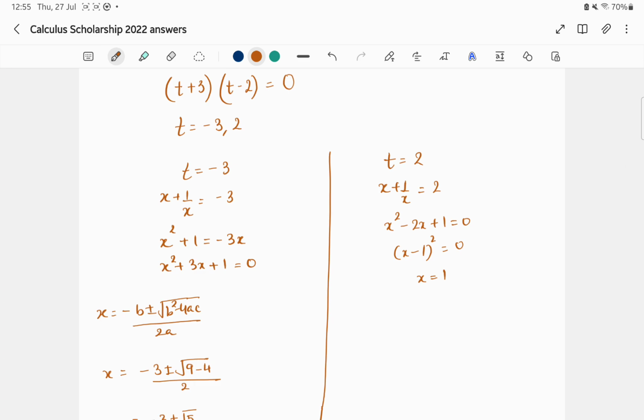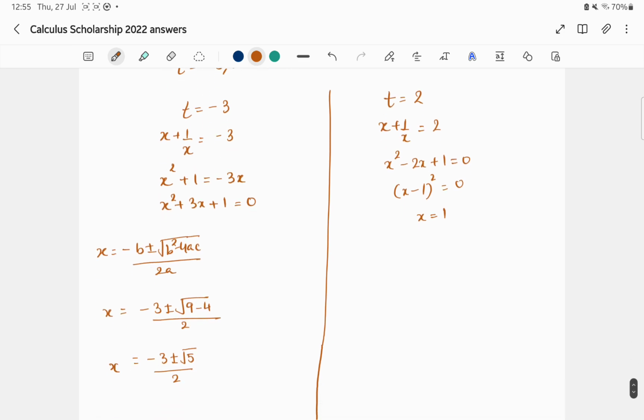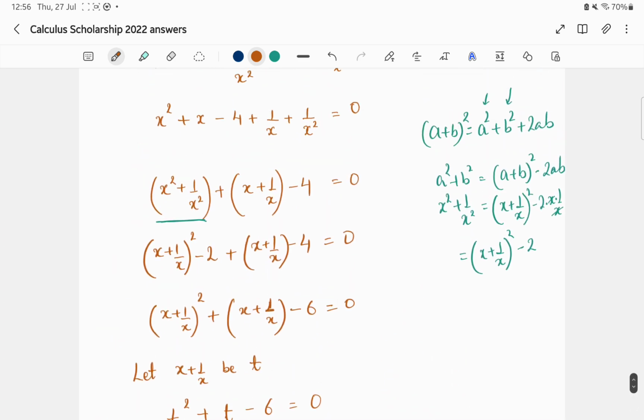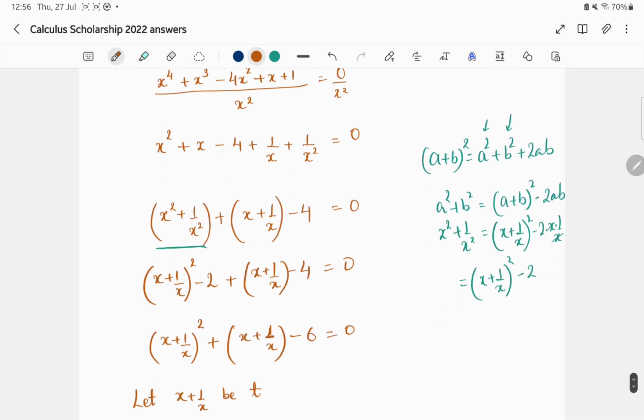Now, once we have got this, we have got three values of x. We'll have to see which value is valid for us to go further. Now, if we go back to the question, it says x is less than 0. So only the value where x is less than 0 is the one that is valid.